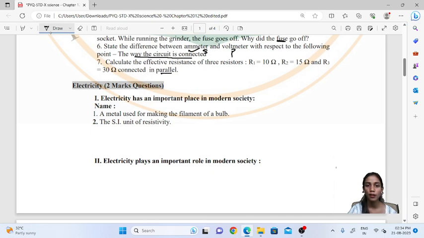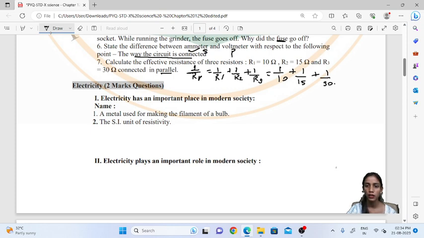The formula for parallel is 1 upon Rp equals 1 upon R1 plus 1 upon R2 plus 1 upon R3, which is equals to 1 upon 10 plus 1 upon 15 plus 1 upon 30.